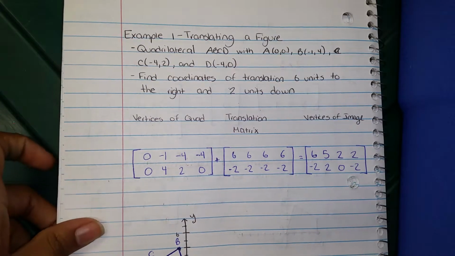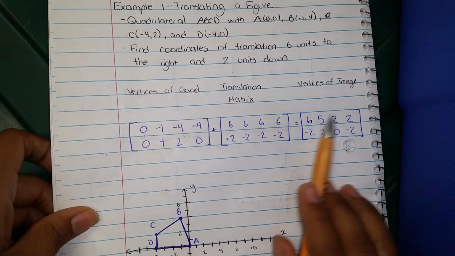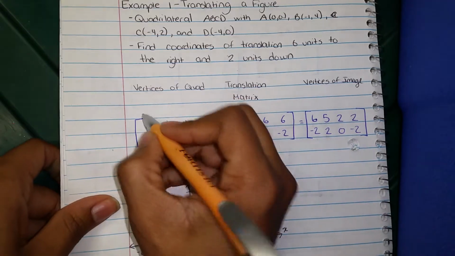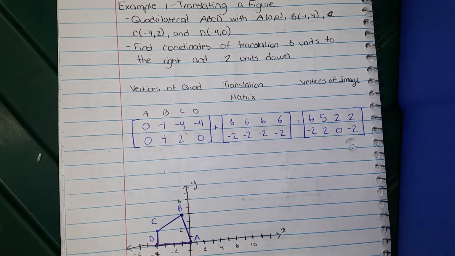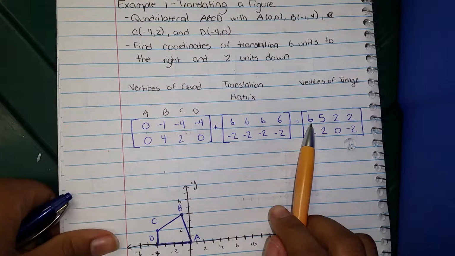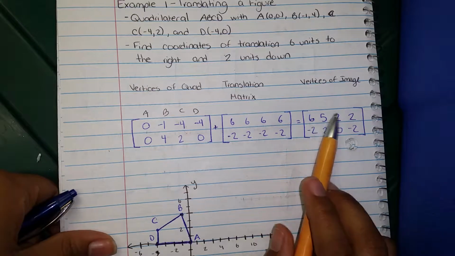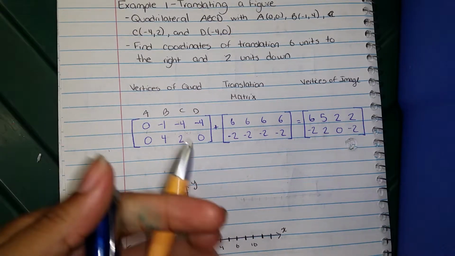Okay, so after we use the matrices to find the vertices, don't forget this was the vertex A, B, C, and D. So these are my new vertices for A, B, C, and D after my translation.